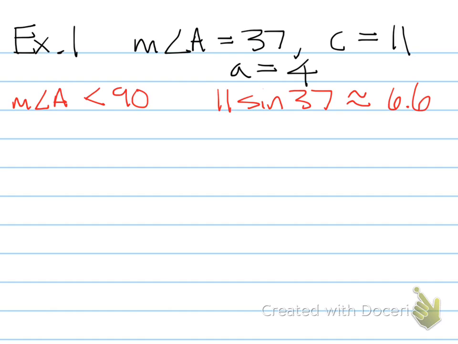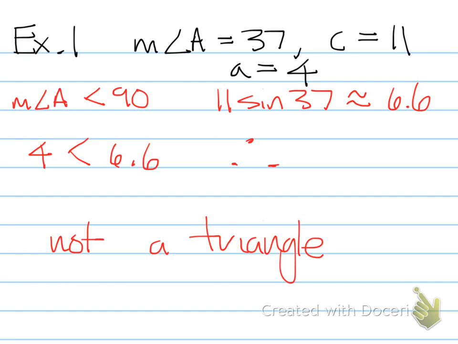That gives us approximately 6.6. And since 4, the side opposite angle A, is less than 11 sine 37, that tells us that this is not going to be a triangle.